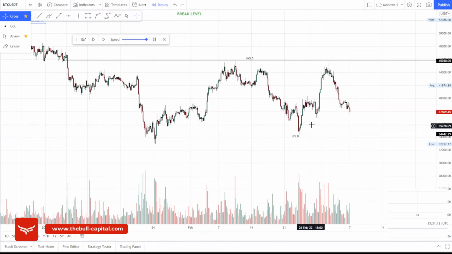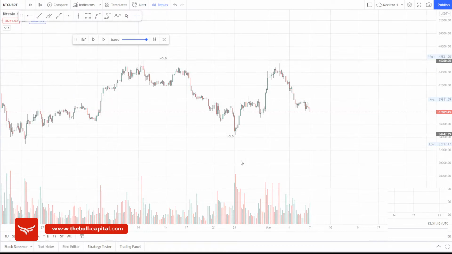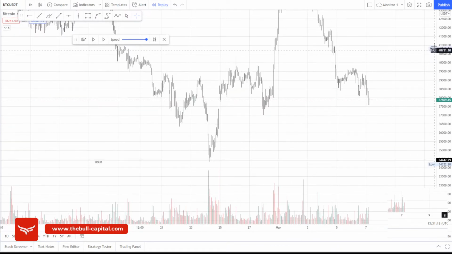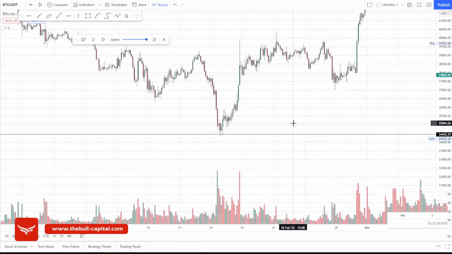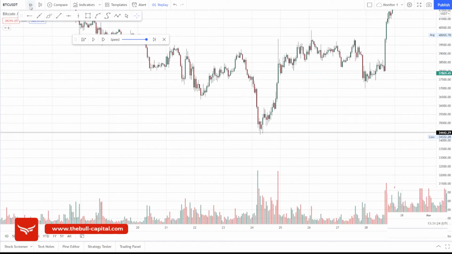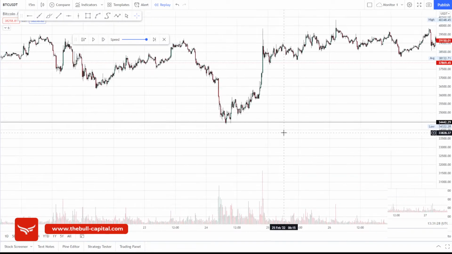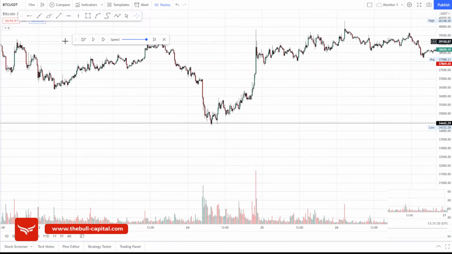We have another hold level here. If we go to 1 hour time frame, let's see if we find it. No, it's way too noisy, but let's go on 50 minutes time frame. I think we have this one here, which has been a break level.